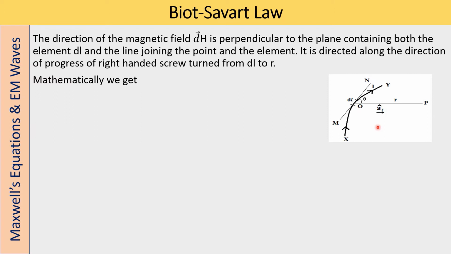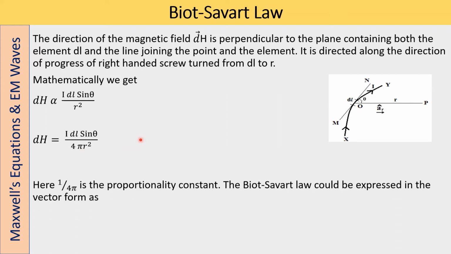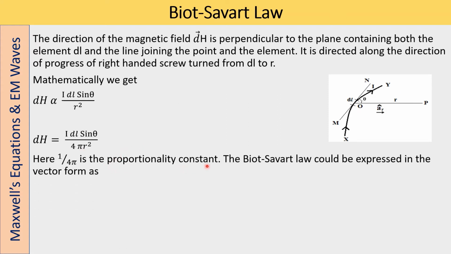Therefore, mathematically we can write that dH, the magnetic field produced at P, is proportional to the current I, the elemental length dl, and sine of theta, and inversely proportional to r squared. Or you can write dH is equal to I dl sine theta divided by 4 pi r squared, where 1 by 4 pi is the proportionality constant.